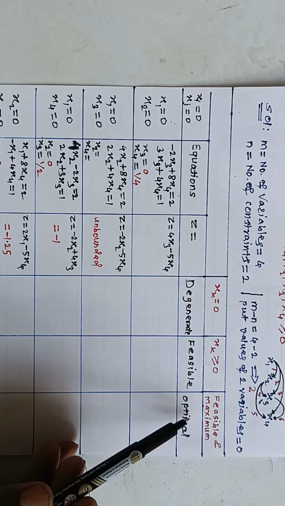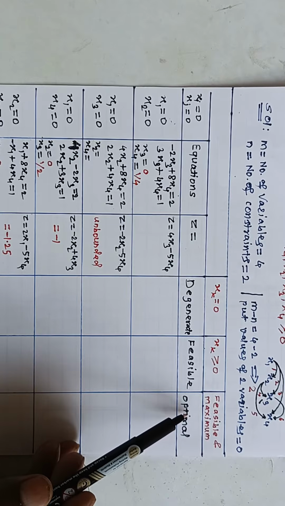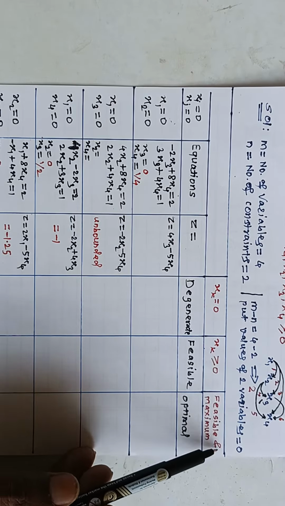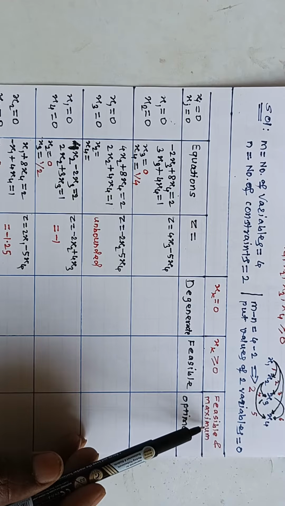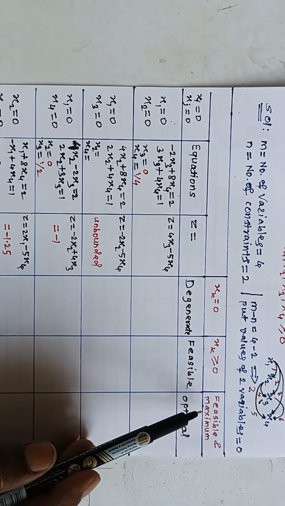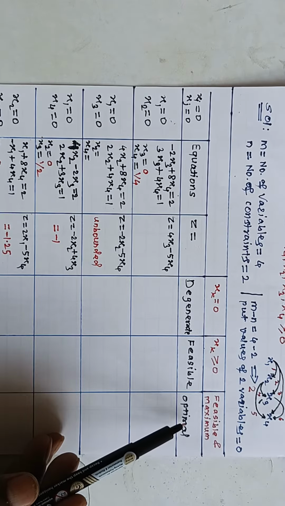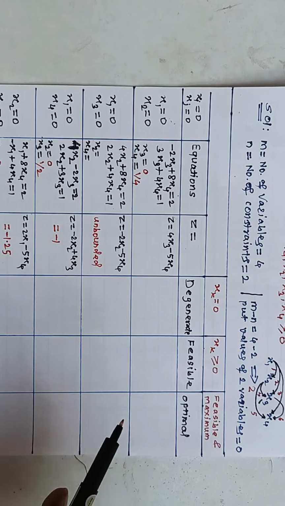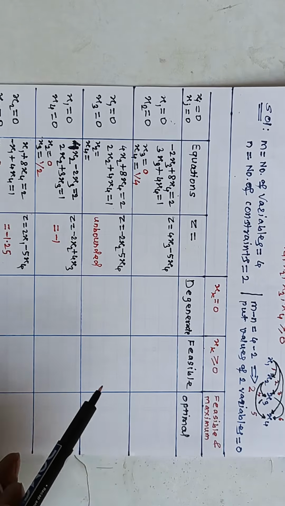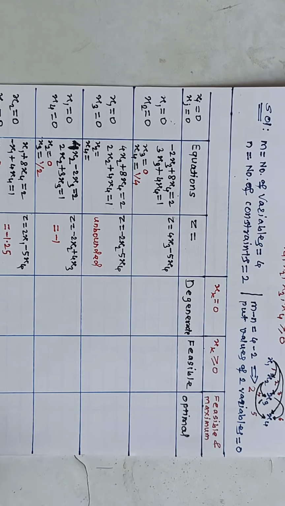Optimal solution, is it optimal? When we can say optimal, the solution must be feasible as well as having the maximum value, which is known as the favorable value. Okay, favorable value or maximum value, then that solution is optimal. Here total 6 ways are there. 1 2 3 4 5 6.